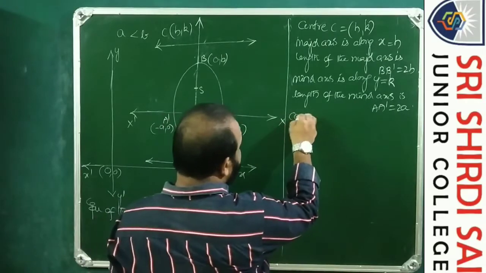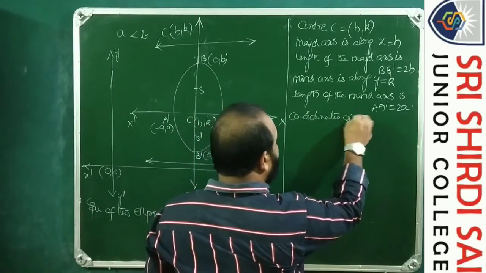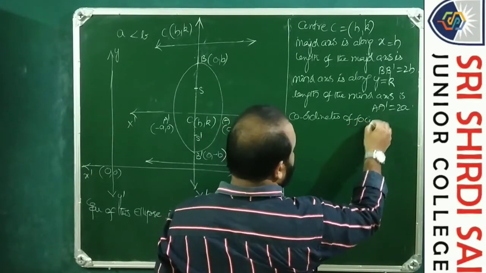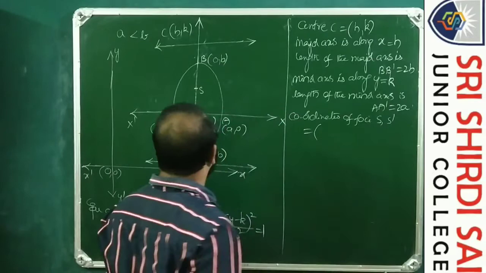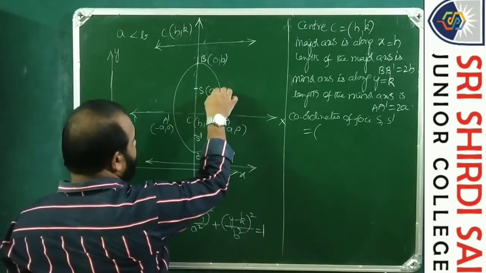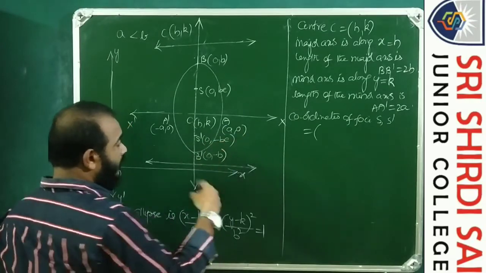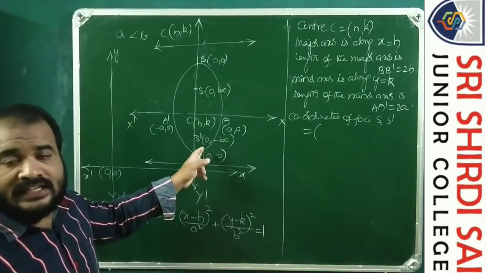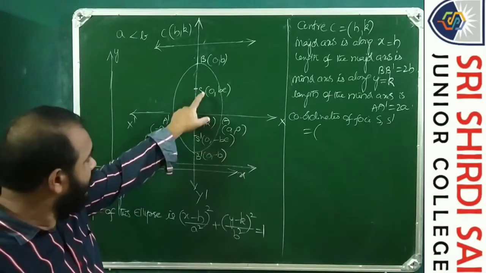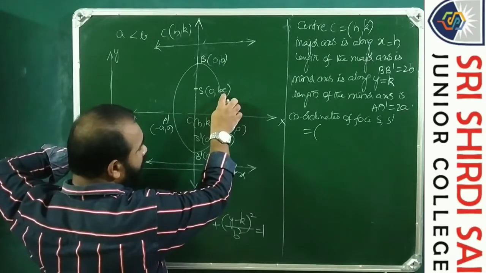Next, the coordinates of the foci S comma S dash are 0 comma be and 0 comma minus be for the ellipse whose center is at the origin. But here, with 0, h will be added and with be, k will be added.